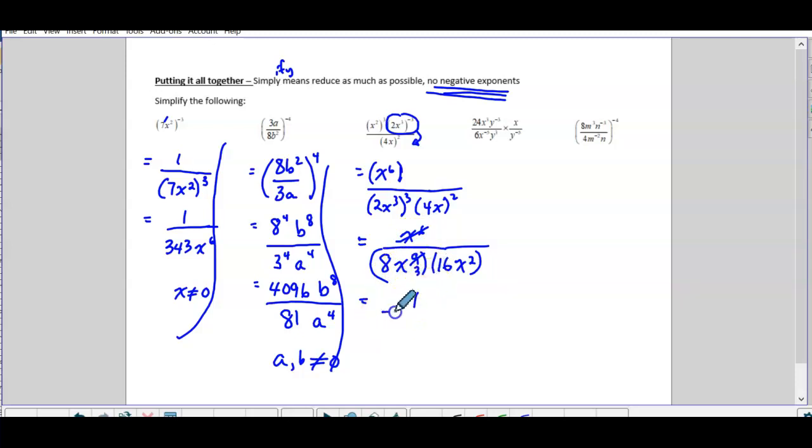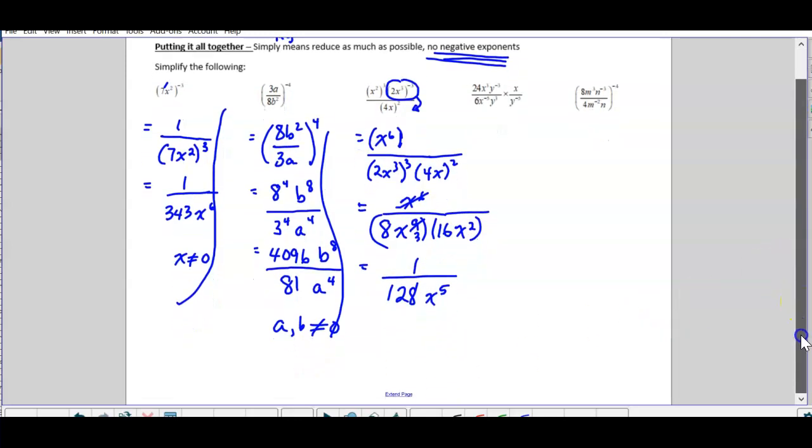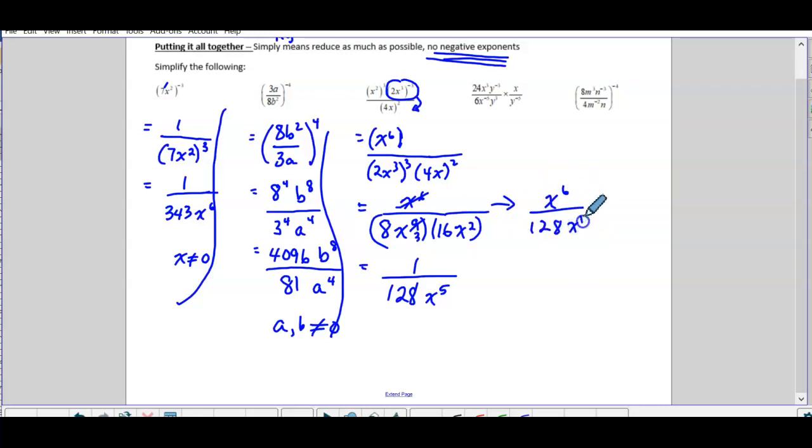So then this is going to be 1 over 8 times 16 is 128. X cubed times x squared is x to the 5th. Now, I'm going to extend this down. So if here, instead of dividing out like I did, you said x to the 6 equals 128 x to the 11, then maybe you subtract it.